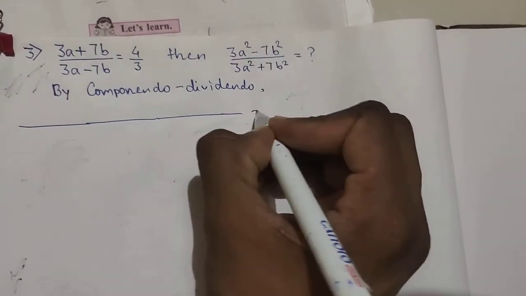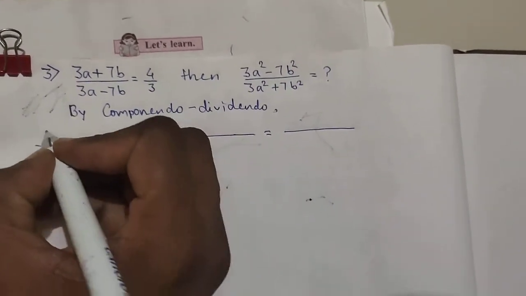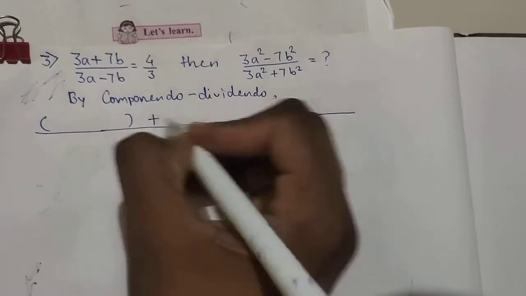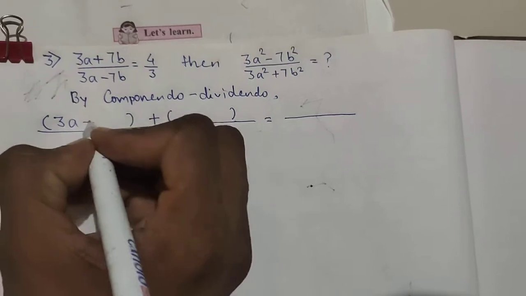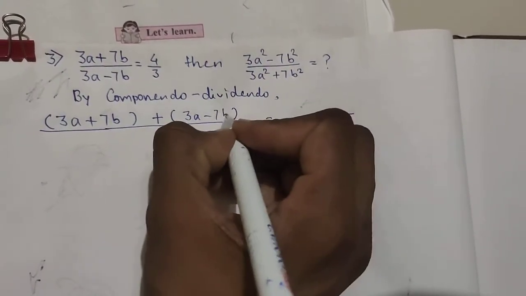Whenever you are using componendo dividendo, use brackets. In the first bracket write your numerator plus denominator. What is your numerator? 3a plus 7b, denominator 3a minus 7b.